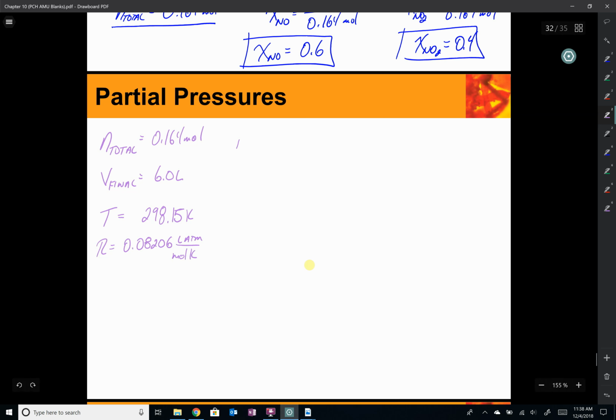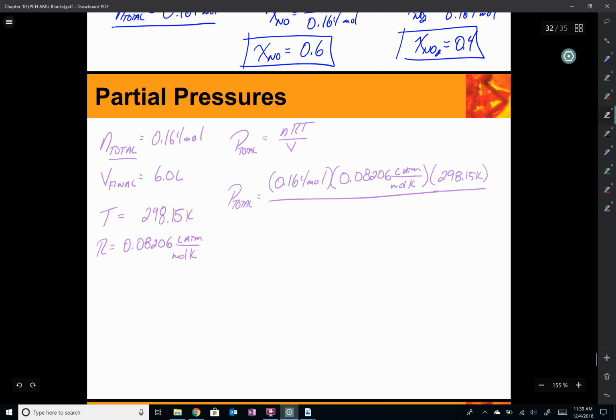So what are we going to figure out here? Well, we're going to calculate our total pressure, because we're dealing with total moles here. So P total is equal to nRT over V. So P total is equal to 0.164 moles times 0.08206 liter atmospheres per mole Kelvin times 298.15 K divided by volume.